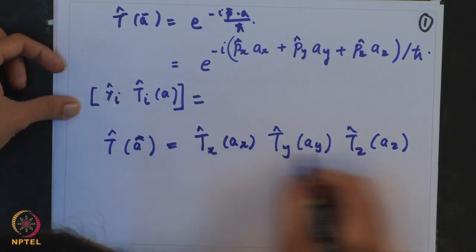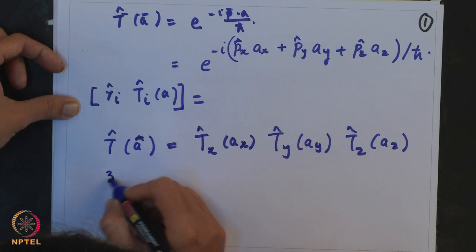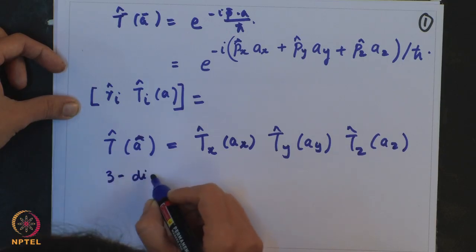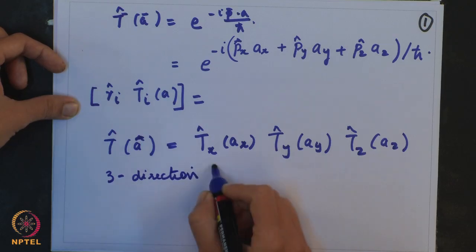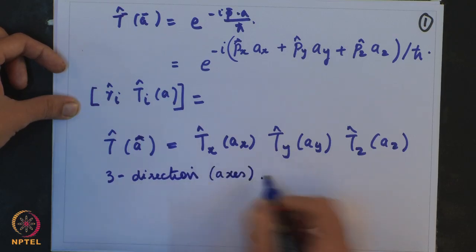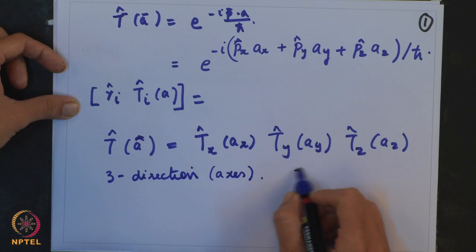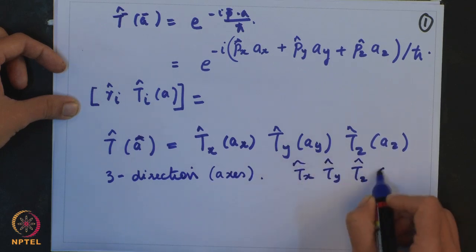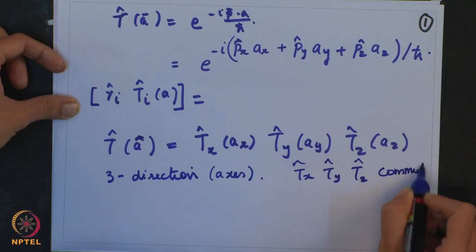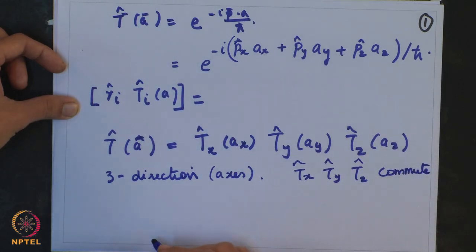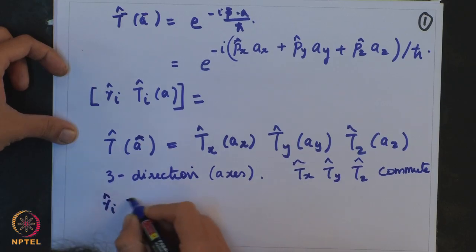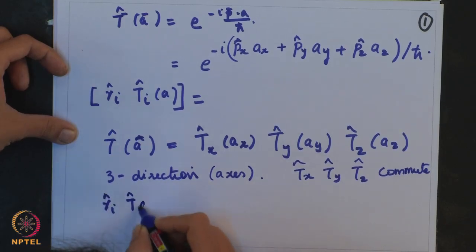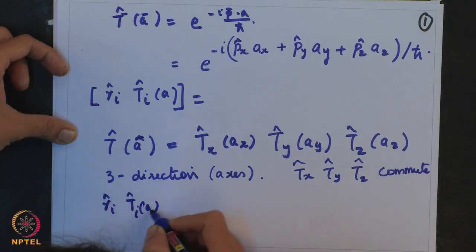These operators x, y, z are in the 3 translational directions, that is the 3 axes, and T_x, T_y and T_z commute with each other. Now, let us evaluate [R_i, T(A_i)].